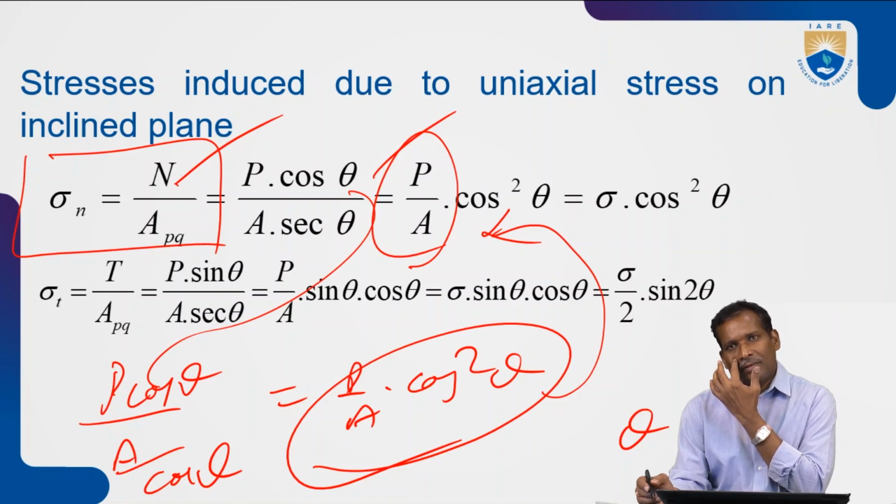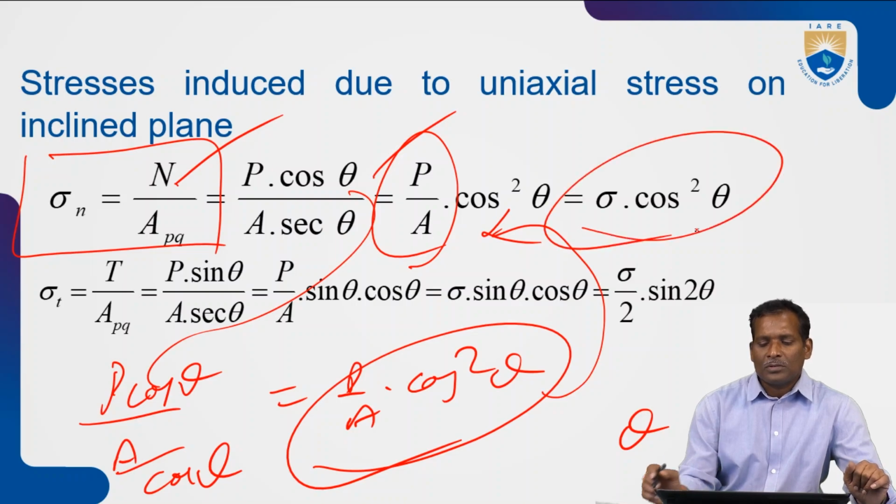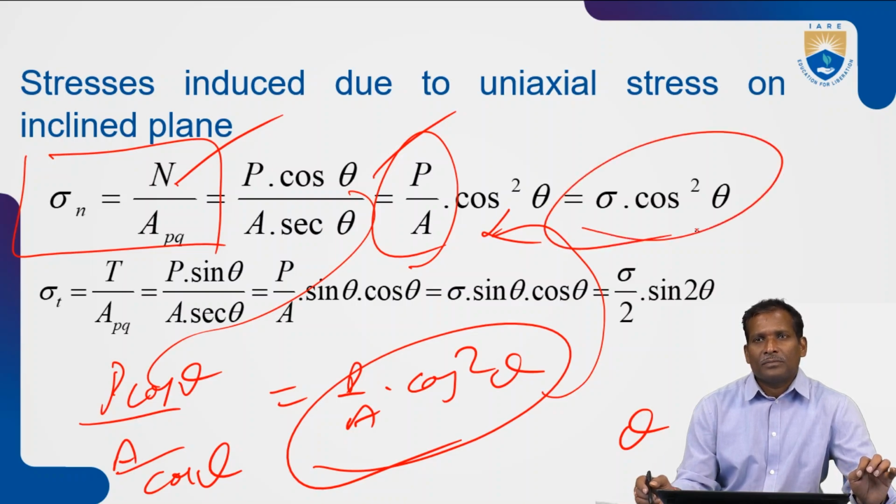Stress in the x direction, the uniaxial stress, that is load upon area. So sigma cos square theta. So the normal stress is equal to the uniaxial stress multiplied with cos square theta.